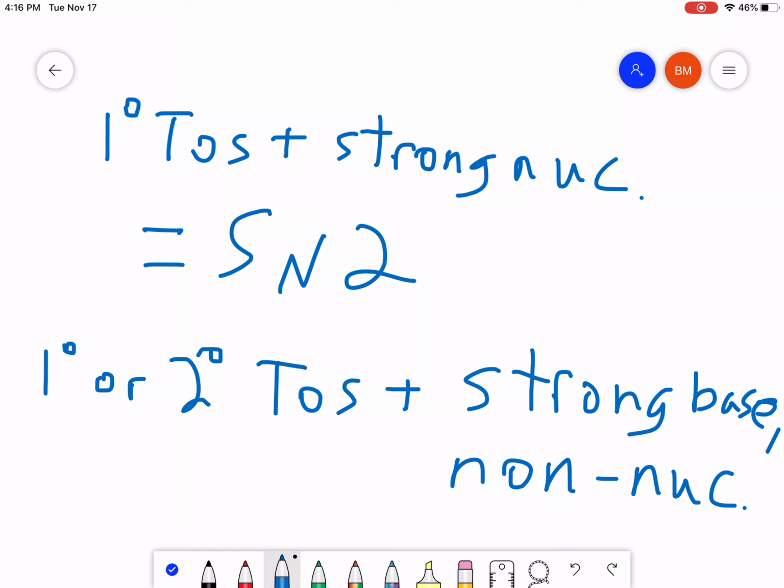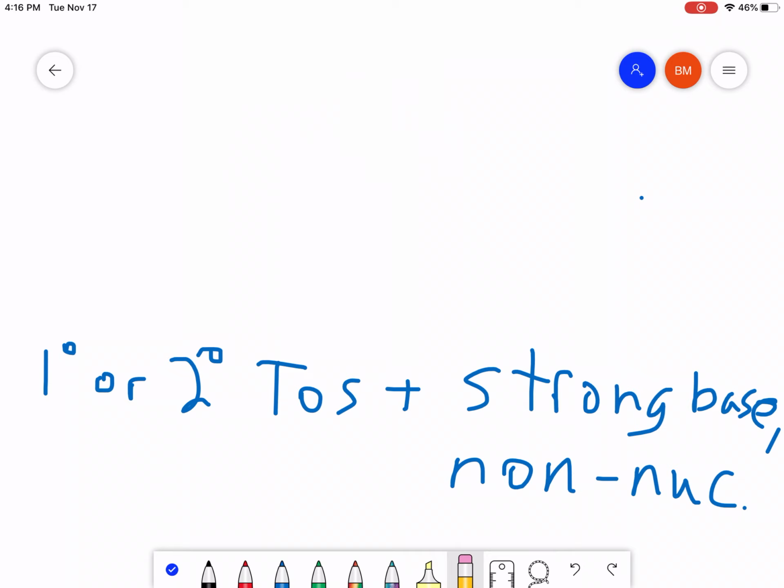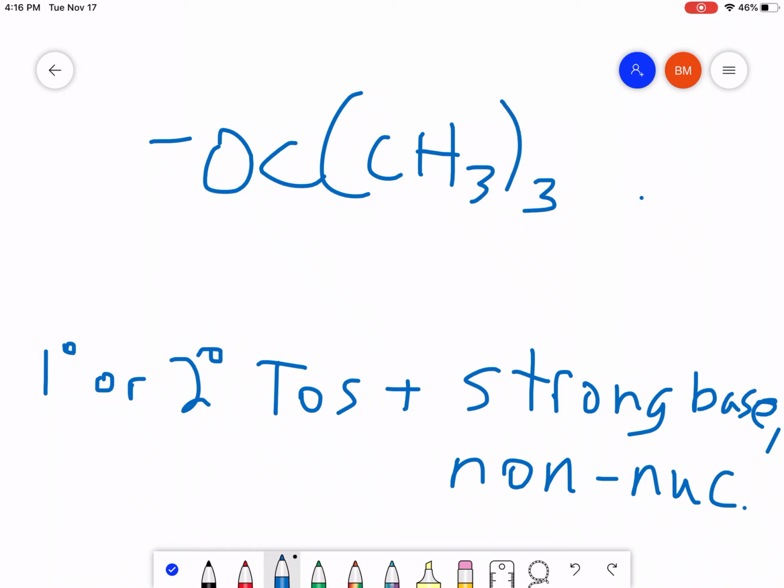The example we always go to in those situations is tert butoxide. If you remember, tert butoxide looks like this. Really strong base, but it's too big and crowded to be a good nucleophile. In that case, you're always going to get E2.